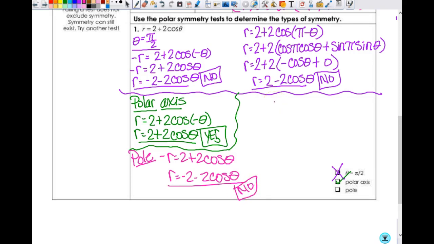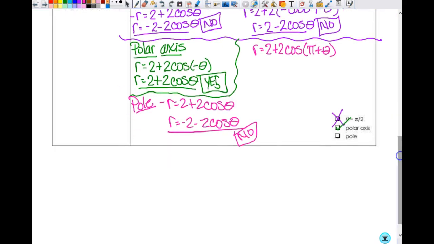Got to substitute in positive r and then pi plus theta. So r equals 2 plus 2 times cosine of pi plus theta. All right. So that means r equals 2 plus 2 times, so it's a cosine, which means it's cosine pi, cosine theta. For cosine, the sign's opposite, so it's minus sine pi, sine theta.